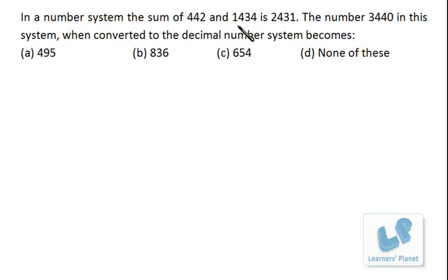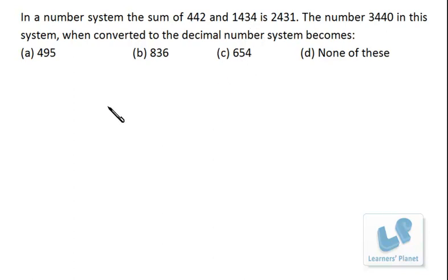In any number system that particular number is written as 10. As in decimal number system we write 10 as 10, so in 4 number system we will write 4 as 10. So definitely the number system is more than 4. So it may be 5 number system, maybe 6, maybe 7 and so on. Okay. So first of all, let's try to find out which number system it is.